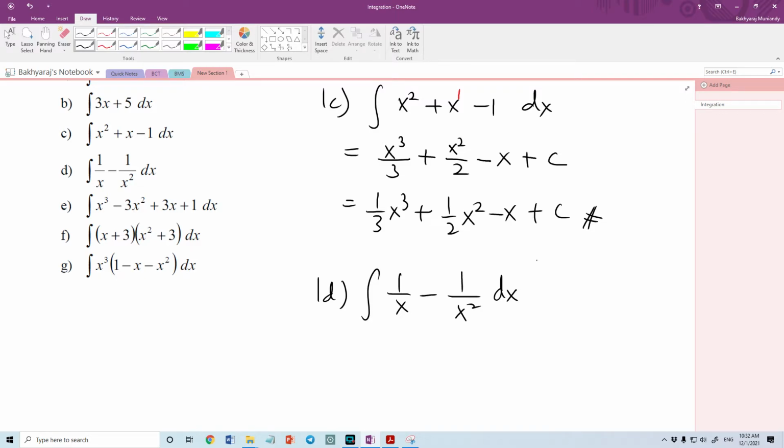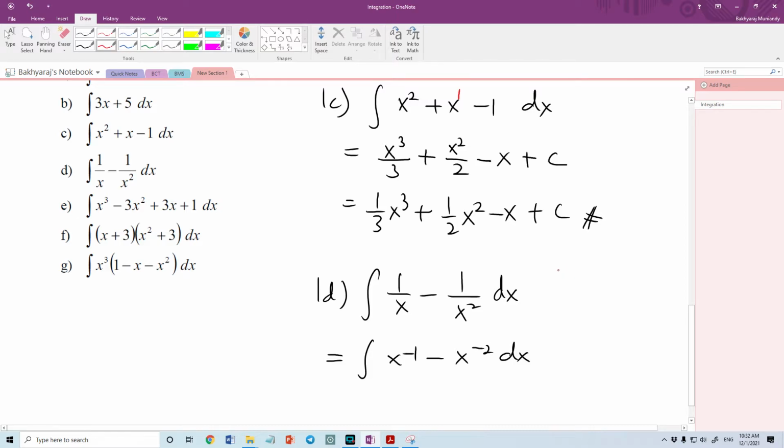In this case, I have to convert to negative power. Since 1 over x is in the denominator, we have to convert it to negative power. So we get x power of negative 1 minus x power of negative 2 dx. Okay, here we need to understand a few things.